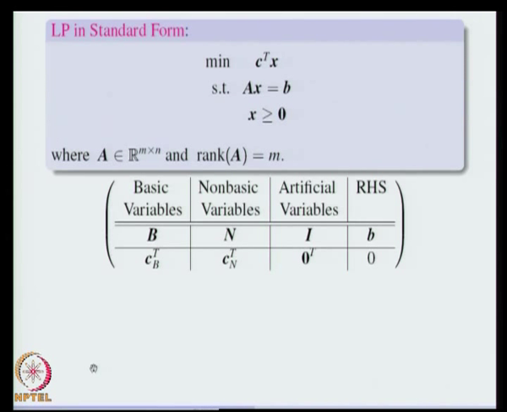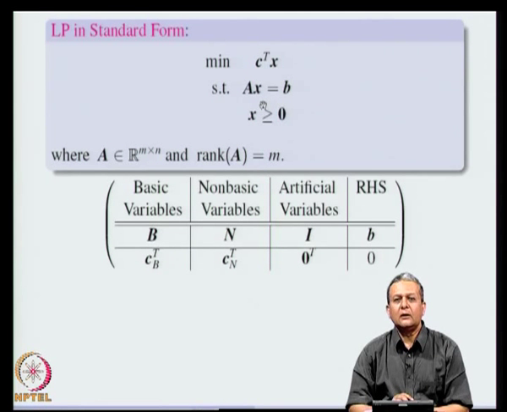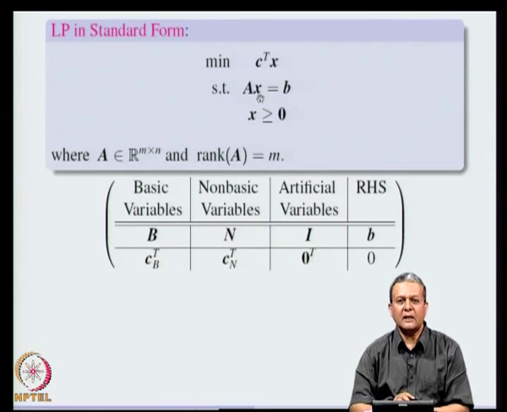So, here is the linear program in standard form where A is the m by n matrix and rank of A is m. Now, as we saw earlier, there is a matrix B associated with the basic variables and matrix N associated with non-basic variables, and B and N together form the matrix A. Now, let us assume that the identity matrix is not obvious from the constraints Ax equal to b.